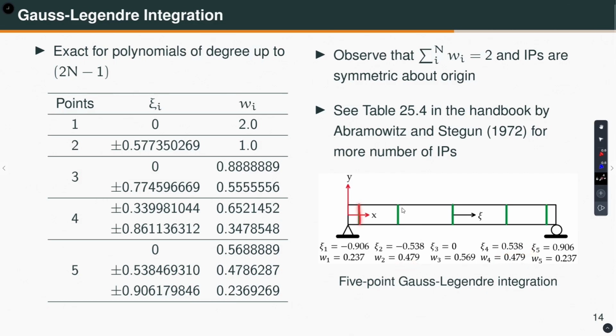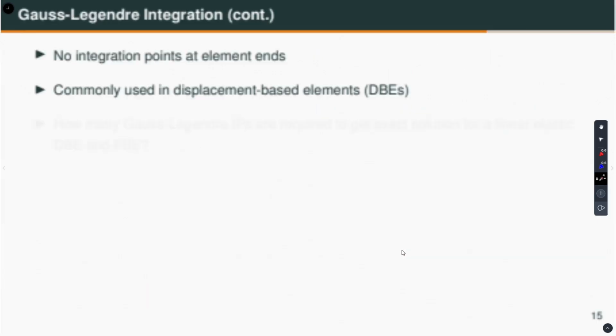Okay. Similarly, these two are the other integration points, as you can see they are placed symmetrically. So, what you have to do? You have to calculate the value of the function at psi 1 is equal to this much, then multiply by w 1, similarly add w 2 multiplied by function evaluated at this and so on. Okay. I will show you an example in just a little bit.